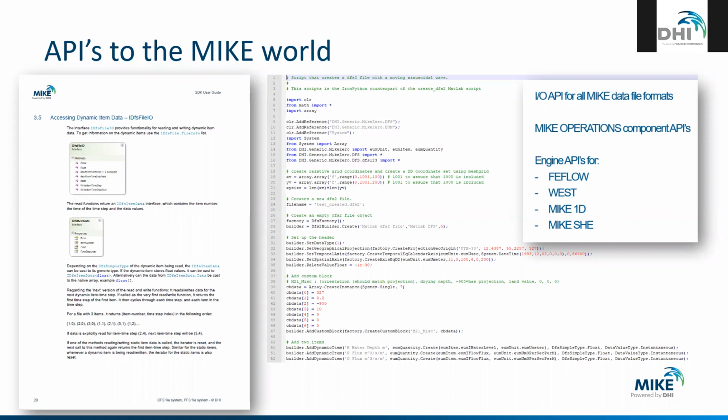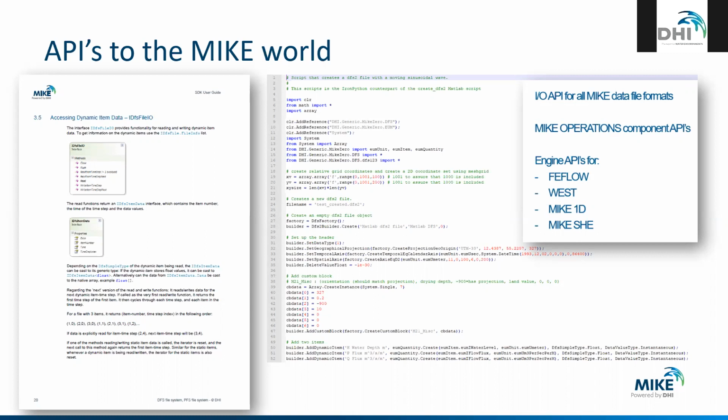And what we have done is published, we call it the Mike SDK, and we have published the API for all of the Mike data file formats, both input and output. So if you download the Mike SDK, that basically has some documentation that allows you, in your scripts or your code, to build and read and write to all the Mike input-output files.